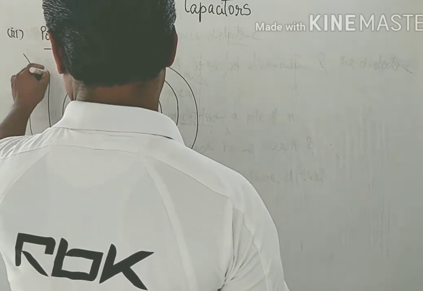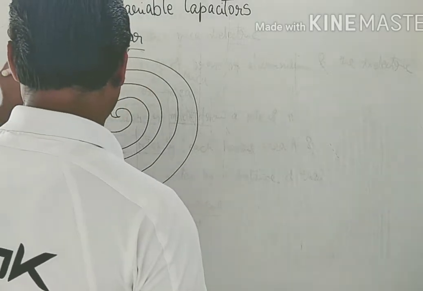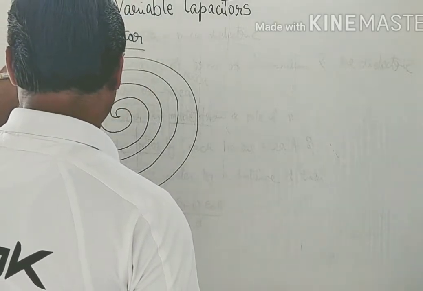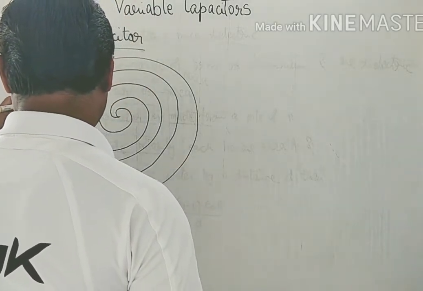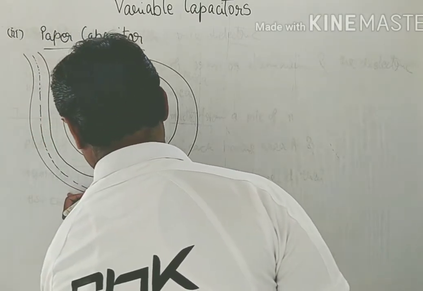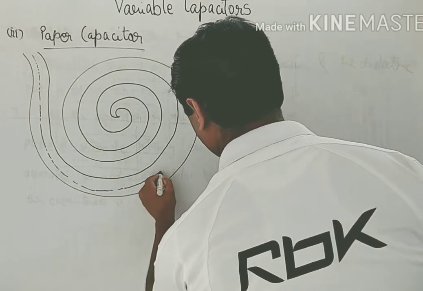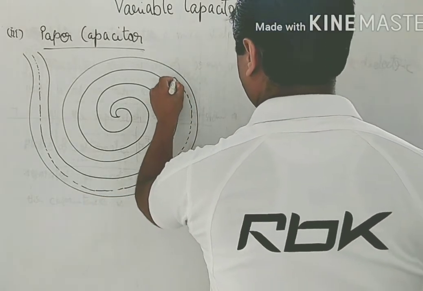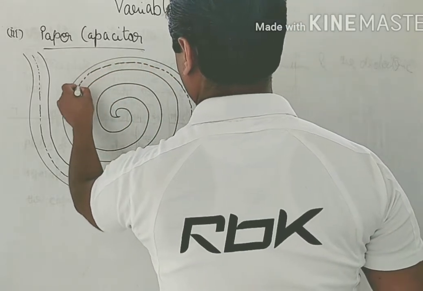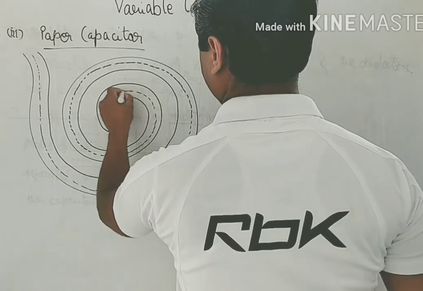Here the dielectric will be taken of paper impregnated with paraffin, wax or oil. So this is the paper dielectric being taken in between the plates.